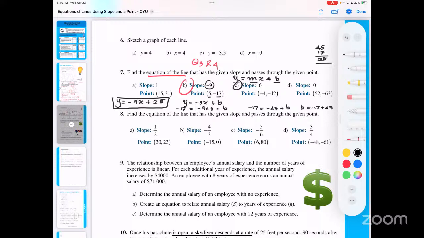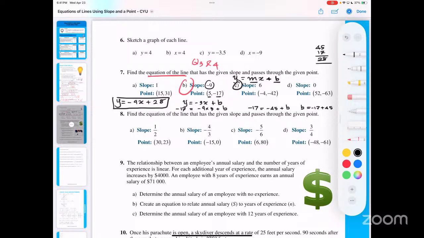So B, 6x. Three. Can I see your work, sir? What's wrong? Okay, can you find b?